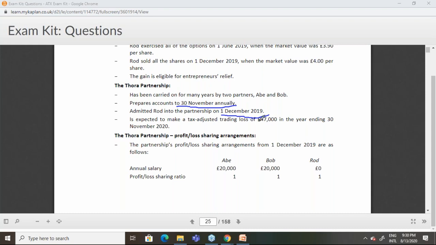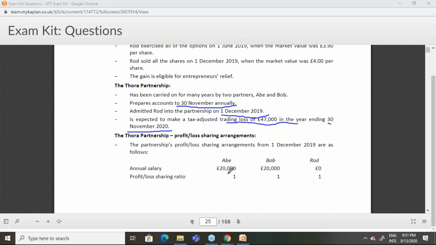Now that's important. Admitted Rod into the partnership 1st December 2019. That is also important. He is expected to make a tax-adjusted trading loss of 47,000 in the year ending 30th November 2020. The partnership profit and loss sharing arrangements from 1st December 2019 are as follows. Annual salary of 20,000 to Bob and Abe. No salary to Rod.